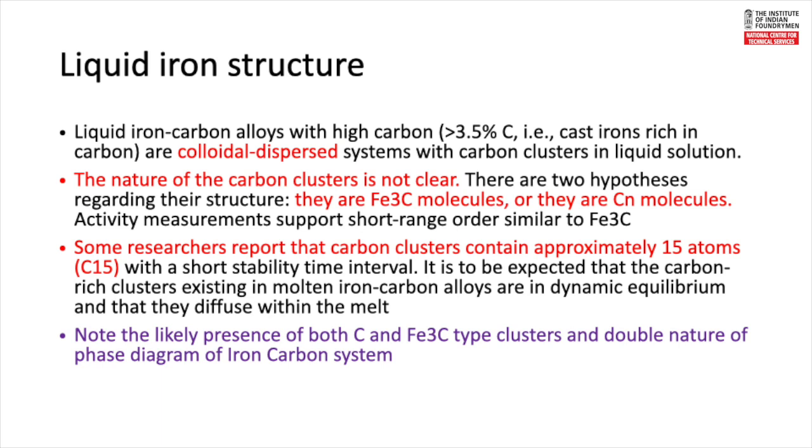That's why I said note the likely presence, because this is a hypothesis backed by some amount of experimentation. So both carbon or Fe3C type of clusters are available, which to my mind also hints at the double nature of the phase diagram of the iron carbon system.